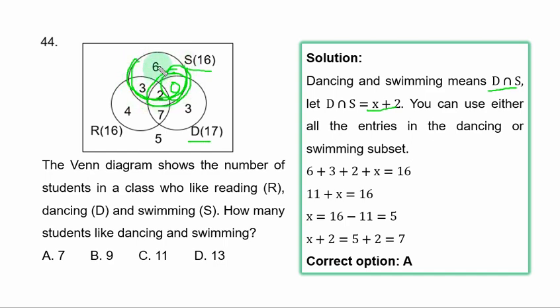That is 6 plus 3 plus 2 plus S equal to 16. That is what you have here. So if you add like terms, you have 11 plus S equal to 16, and S is equal to 16 minus 11, equal to 5. So what we need is S plus 2. That is 5 plus 2 equal to 7. A is the correct option.